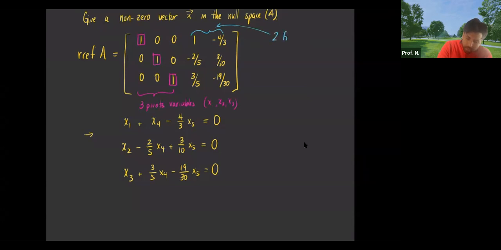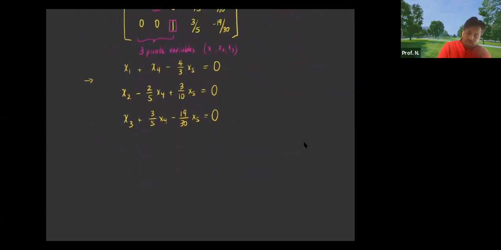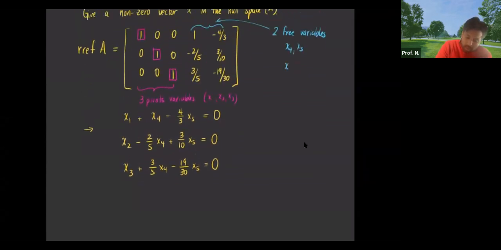We got 2 free variables, x4 and x5, which are associated with these two column vectors here. They are the free ones, right? And so normally we associate them with letters. So we call this S, for example, and call this T, or you can use anything, R, anything.